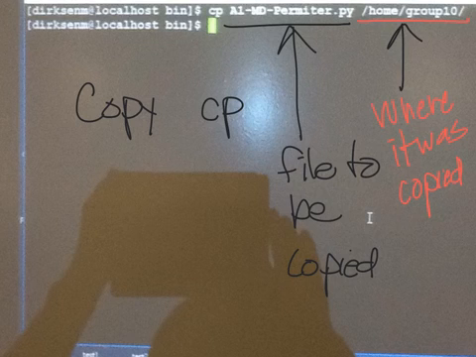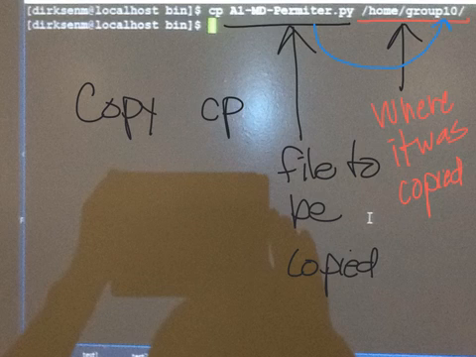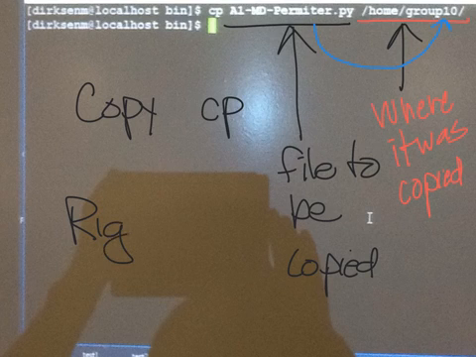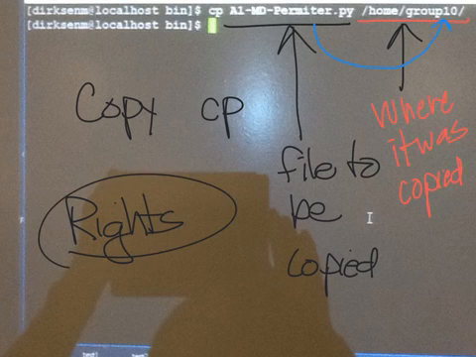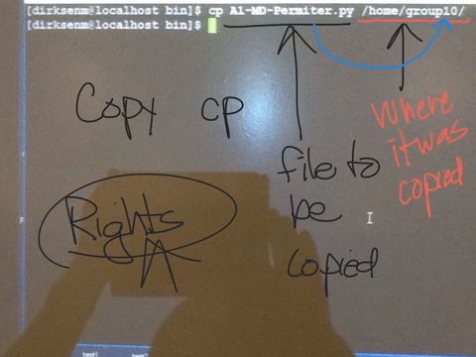So it took this file and made a copy of it in that directory. Okay? And I set up the rights to allow that to happen. And we'll talk more about those as the year goes on.